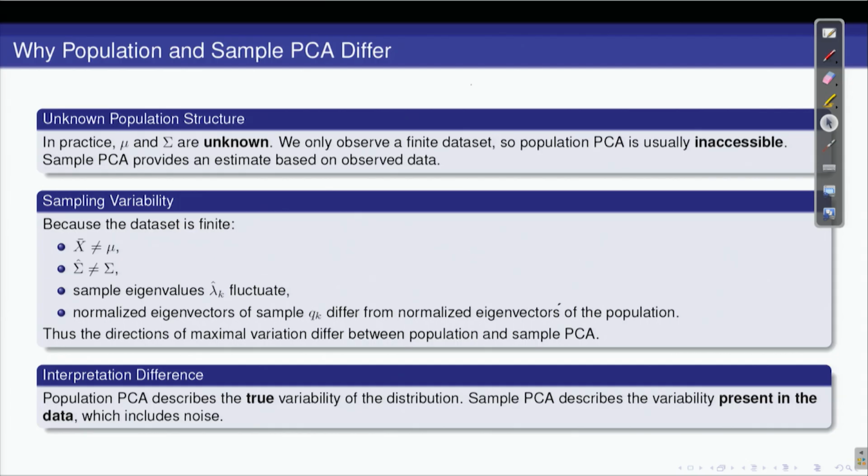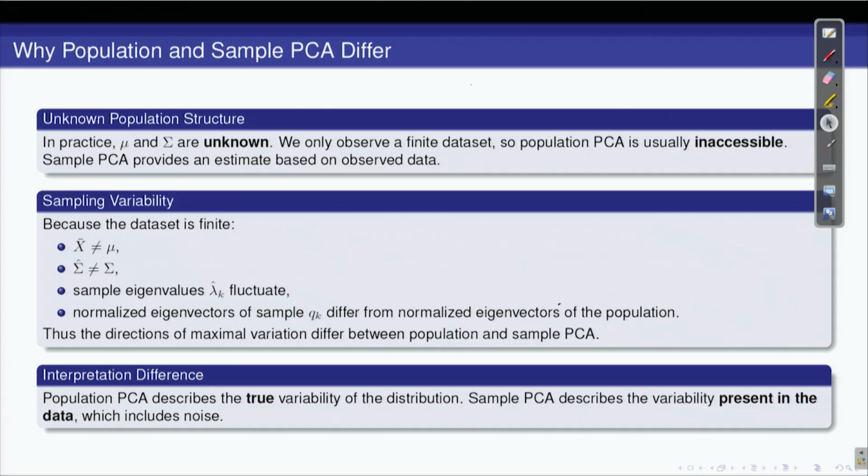However, although it is easier to calculate things using a sample, there are certain problems with a sample. The sample eigenvalues fluctuate, depending on the sample. So, normalized eigenvectors in the sample will have some differences with the population eigenvalues, and they will be dependent on the sample.